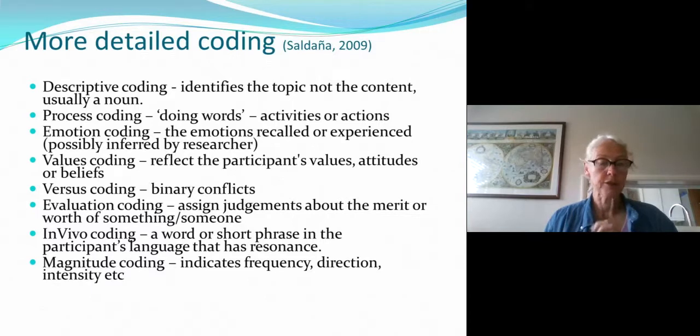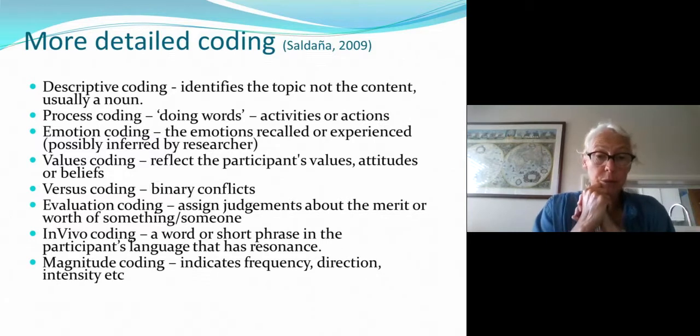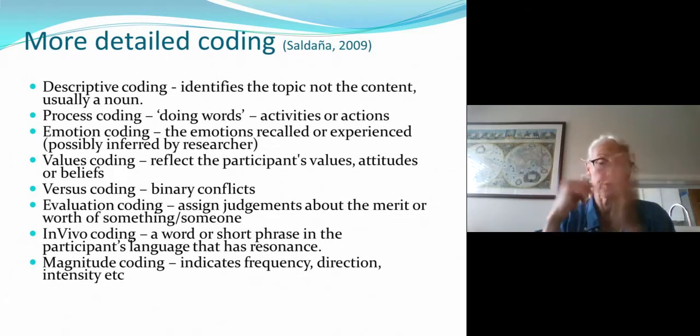Versus coding is a binary conflict, so you might get people who are positioned on one side of an issue and another. Evaluation coding, these are judgments about the worth of something or someone. So people in a focus group have started dismissing a particular concept, for instance.